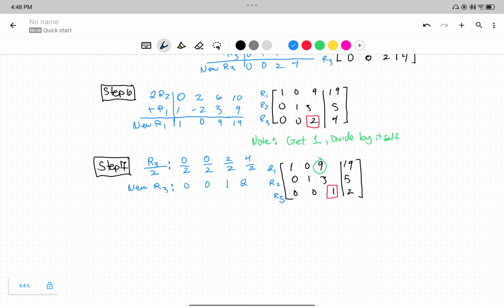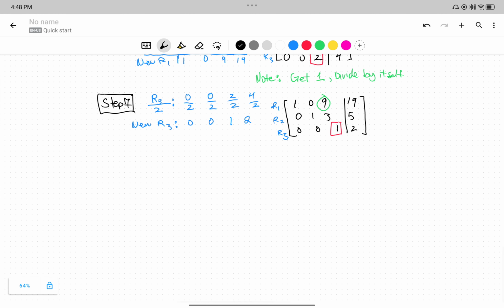And that'll turn it into a 0. That'll be step 8. All right, so we said -9, row 3, plus row 1, that's your new row 1.